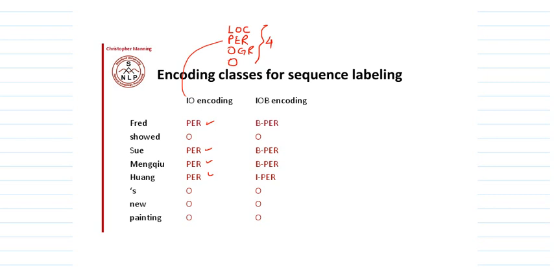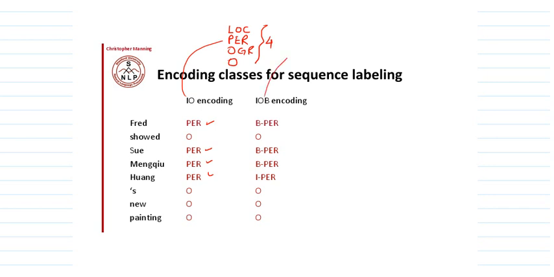But in another encoding, the IOB encoding, which is inside, outside, and beginning, B-person specifies the beginning of the entity, and I specifies the intermediate part of the entity.